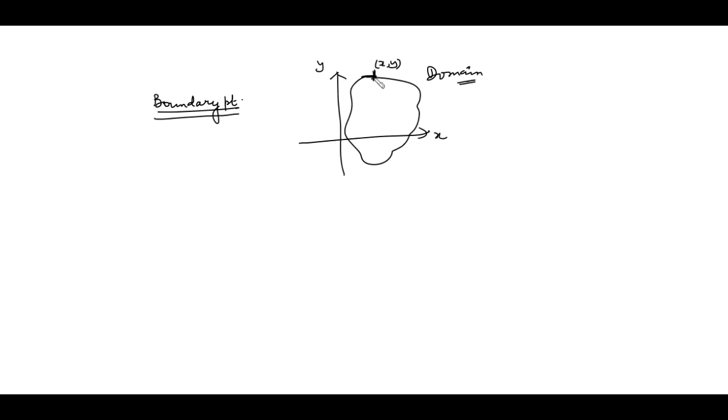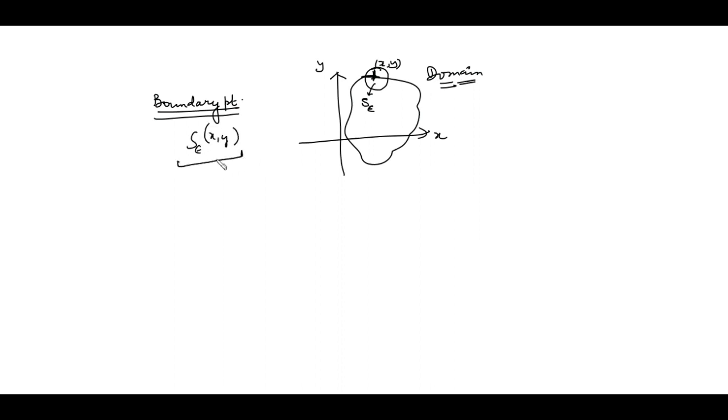This (x, y) is said to be a boundary point if any open disk around this point with very small radius is not completely lying in the domain. Let's call this open disk a small open disk with radius epsilon centered at (x, y).